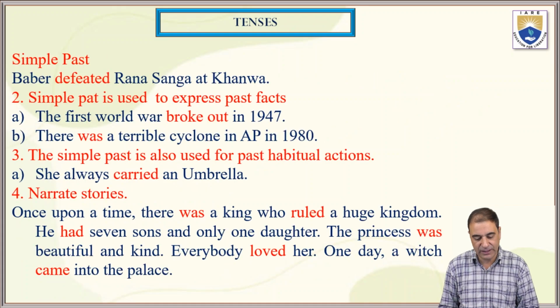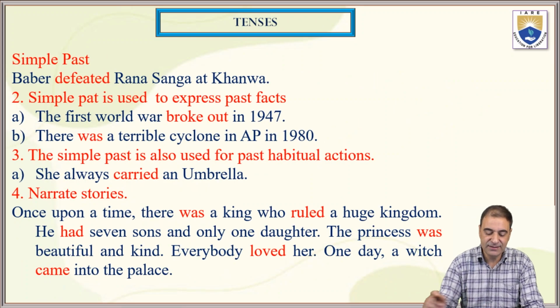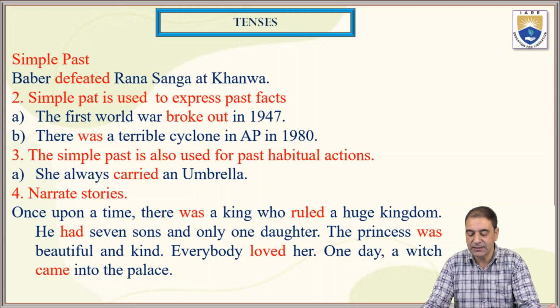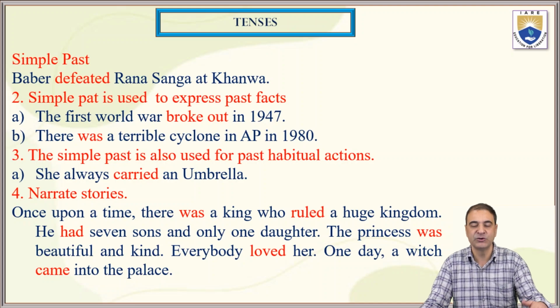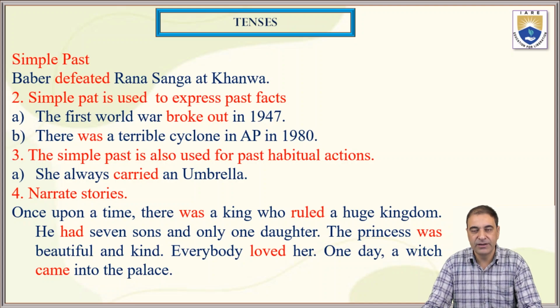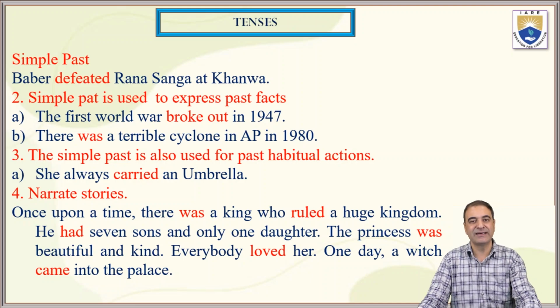Like here, if you look at this sentence, our sentence is Babur defeated Rana Sanga at Kanwa. There is no adverb of past time, no mention of a date, like in 1832 or anything like that. But we understand the context of the sentence.